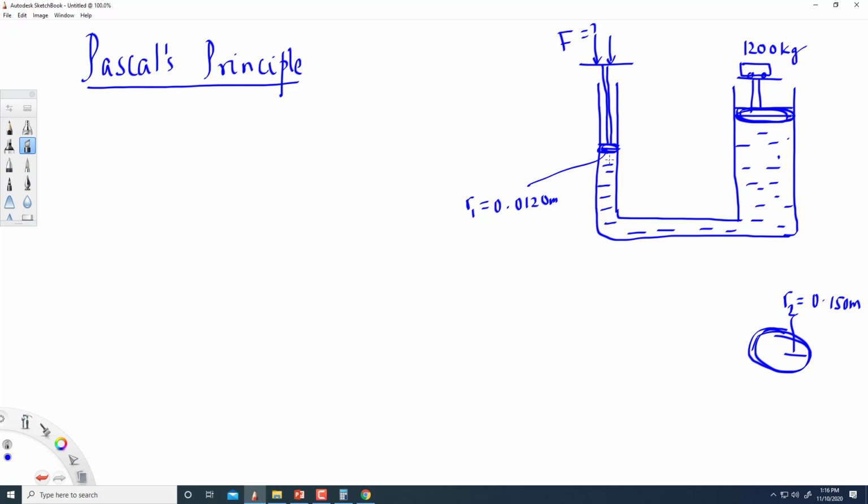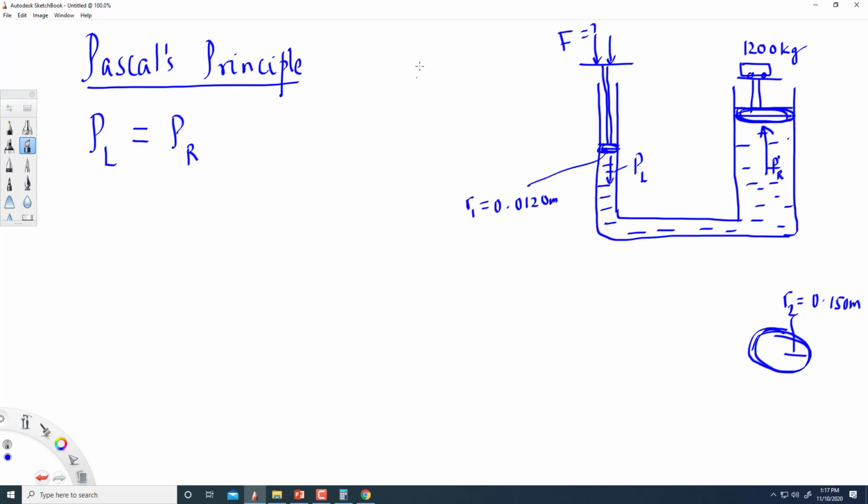That means if I exert pressure on this side, I get the same pressure on this side. Let's call this pressure on the left and pressure on the right. Whatever pressure I apply on this side will appear on this side without any decrease in the value. So PL would be equal to PR.